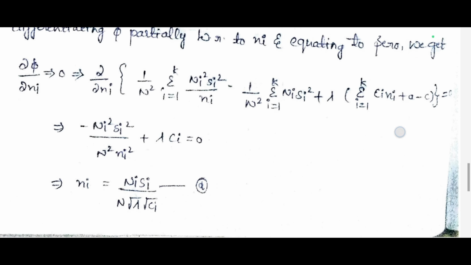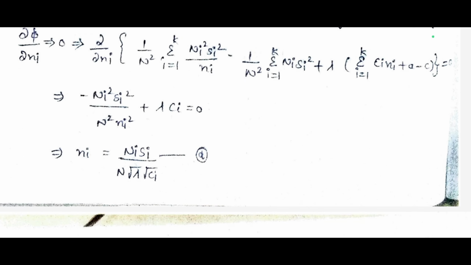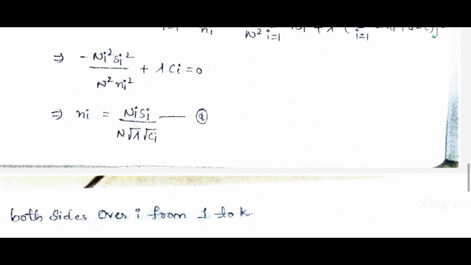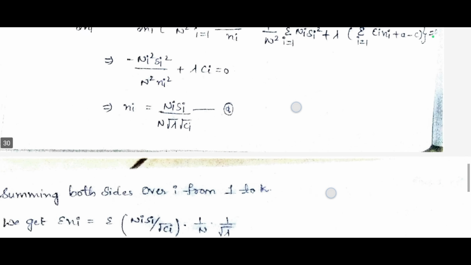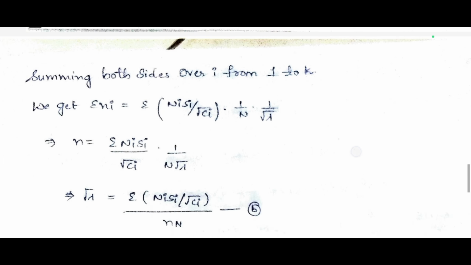Here, equating to the right-hand side of ni square, it will become ni equals Ni Si divided by root lambda into root Ci. Put this as equation 1. Now taking summation on both sides over i equals 1 to k, this will become the summation of Ni Si under root of Ci, divided by root lambda.